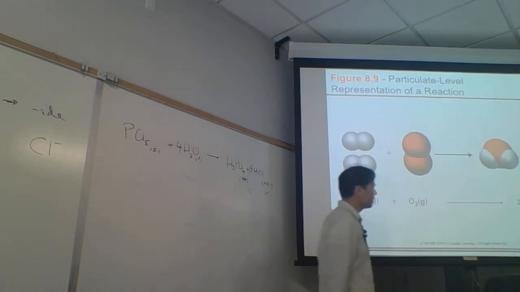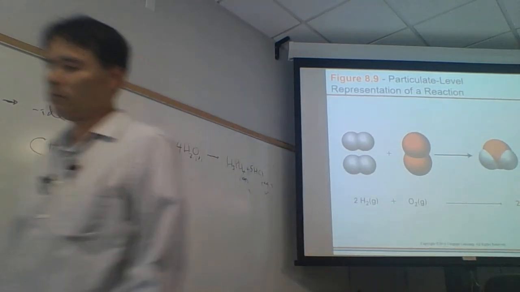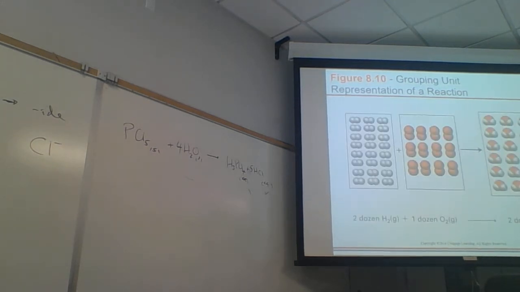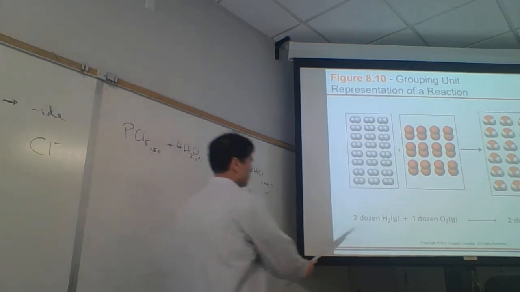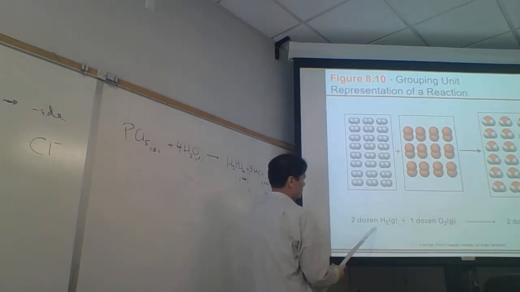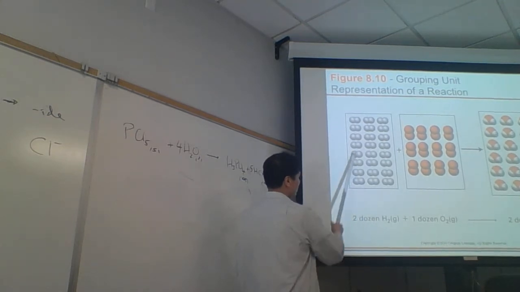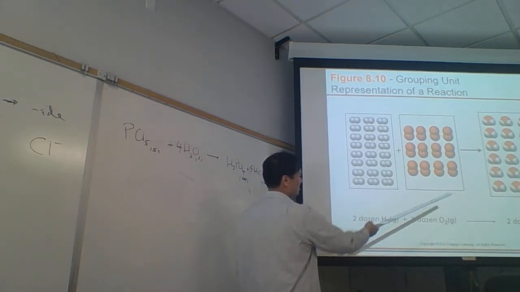But when we're dealing at the macroscopic level, we get the same ratios. So this is becoming more macroscopic, although it's still too small to see. 24 hydrogens is way too small to see. But anyway, this is 24 hydrogens, 1 oxygen, 2 waters.